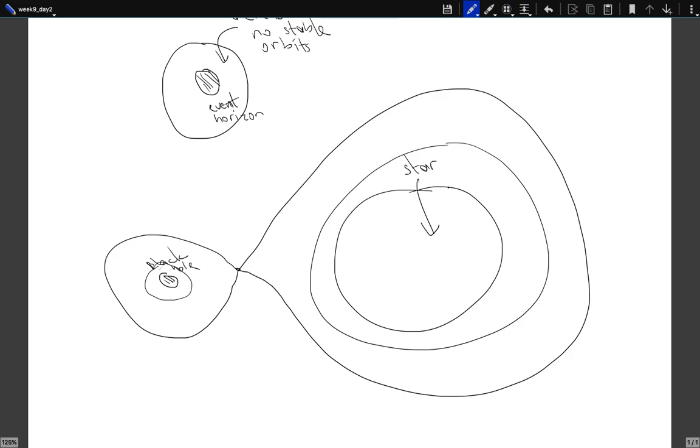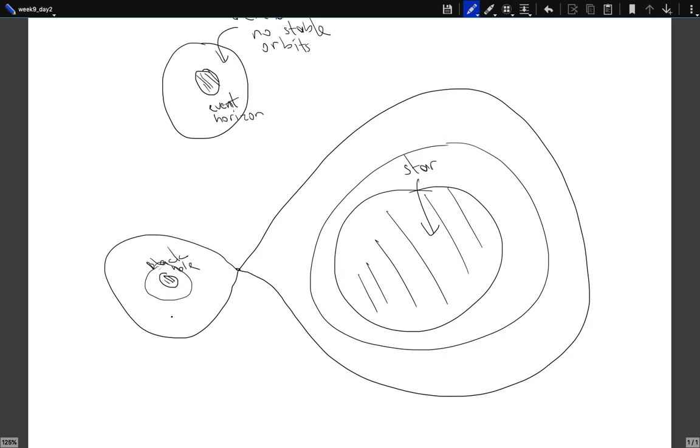So, this is the star. This is the hole, and these closed loops are the equipotential surfaces. Very close to the point object, they will be spherical. As you go away from this circular object, they will be deformed by the presence of the other object.